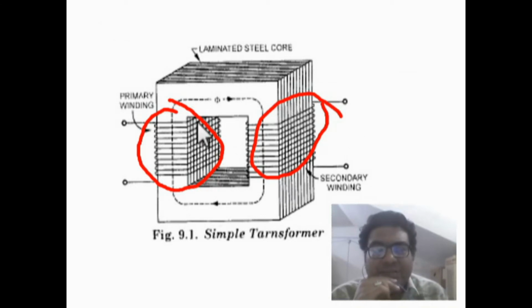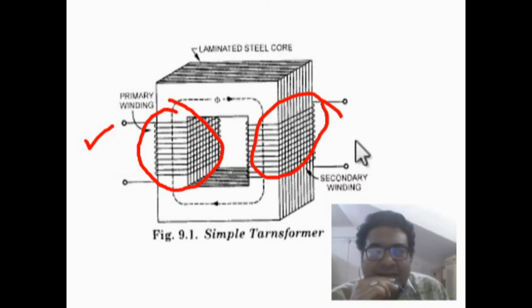They are electrically isolated. They do not connect electrically, so they are magnetically or inductively coupled. And here frequency will be constant and power will be constant at both sides.